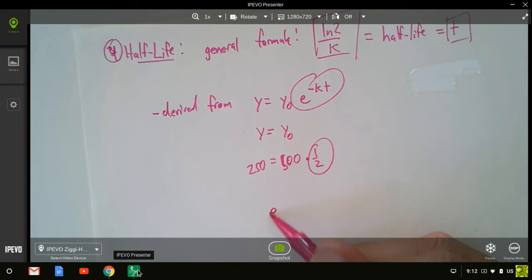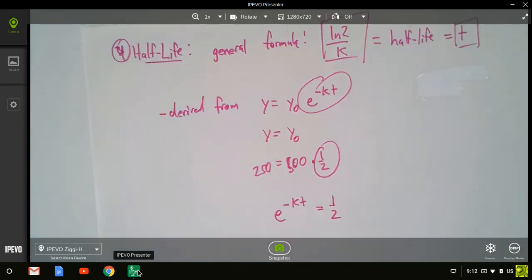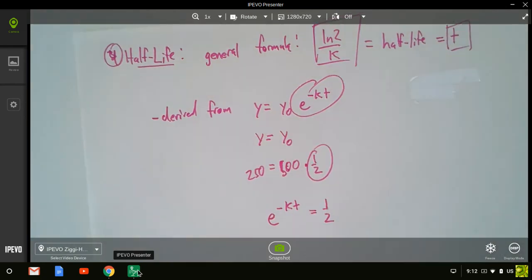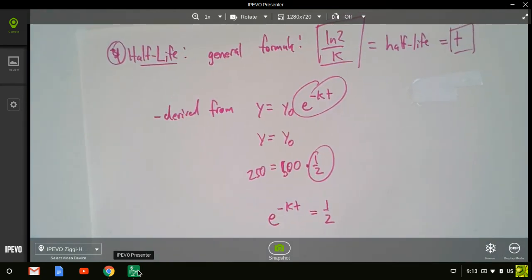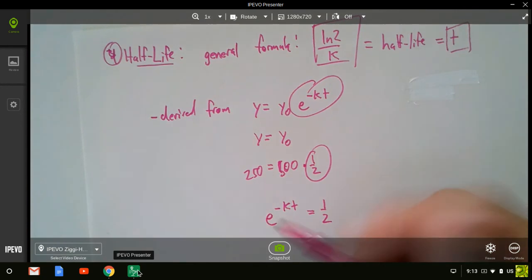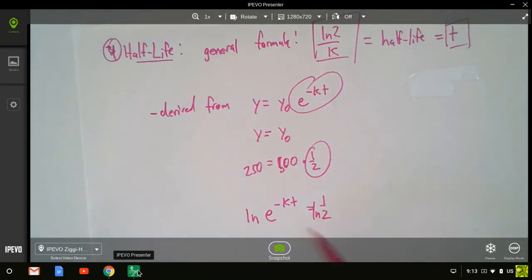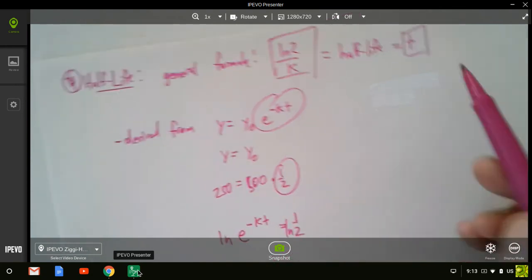So you would have to solve this problem, setting it equal to this. And this is where you're going to get ln of 2 over k. Natural log both sides, right? So here's how you start. ln of 1/2, this will cancel out. You have negative kt, and you are solving for t technically.